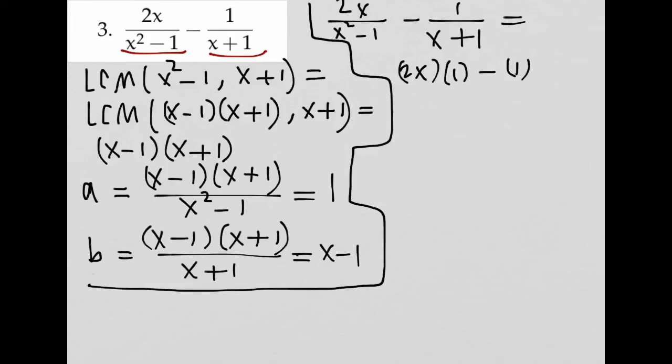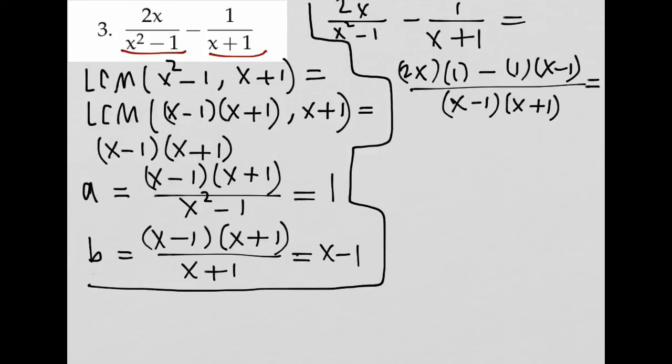This 1 is simply the numerator of the second rational expression, times b, all divided by the LCM of x squared minus 1 and x plus 1. We computed that to be x minus 1, x plus 1.